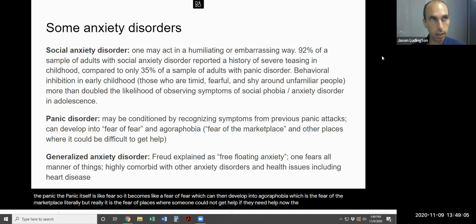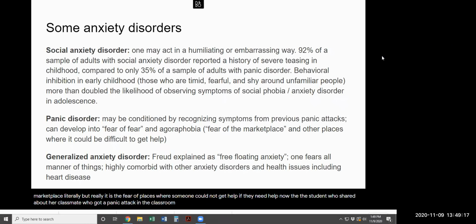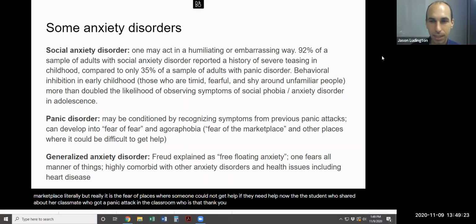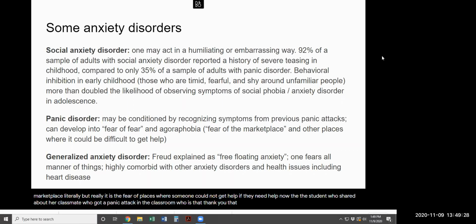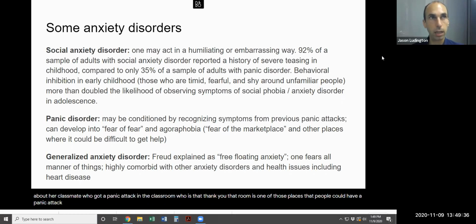Now, the student who shared about her classmate who got a panic attack in the classroom, thank you. The classroom is one of those places that people could have a panic attack.